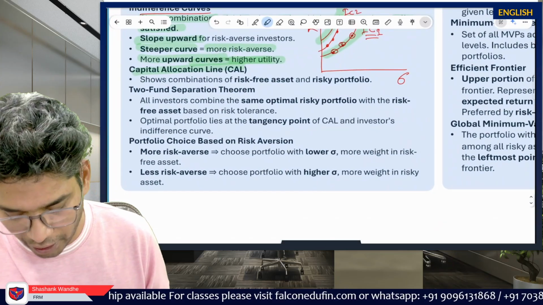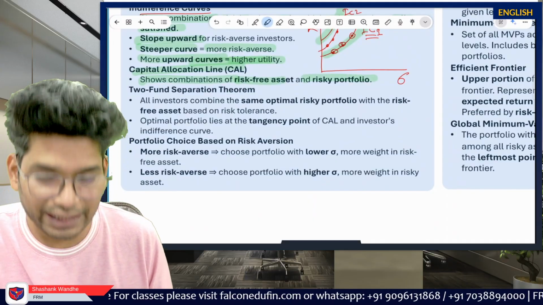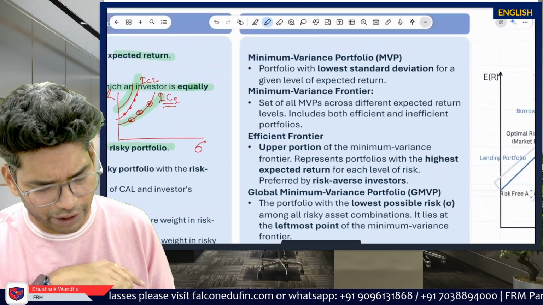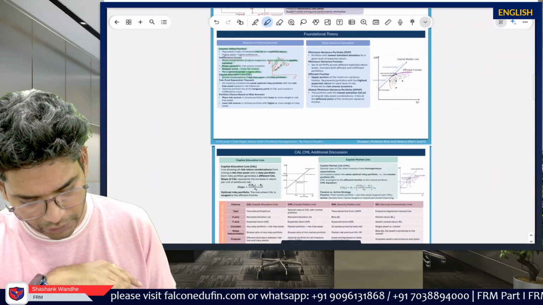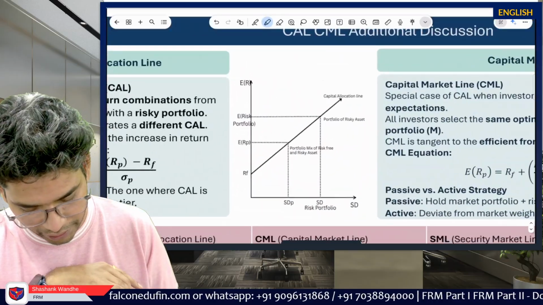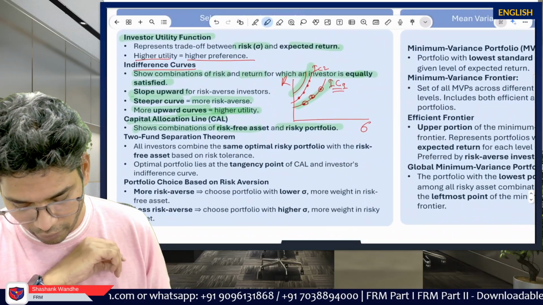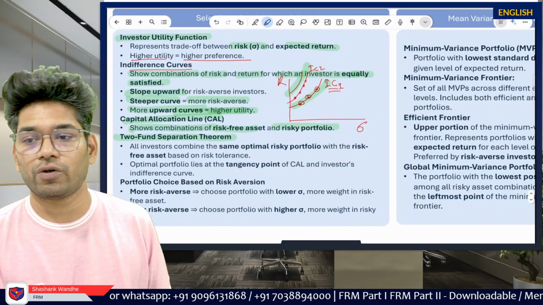Then we have the capital allocation line. Now capital allocation line shows the combination of the risk-free asset and the risky portfolios. I will explain capital allocation line, which is given here. Here you have the capital market line, and the capital allocation line is here. We will discuss it. Then we also have the two-fund separation theorem. You have to understand what is the two-fund separation theorem.